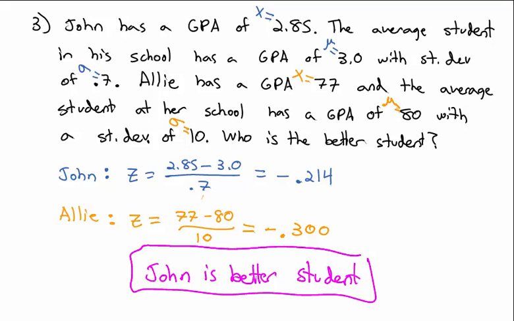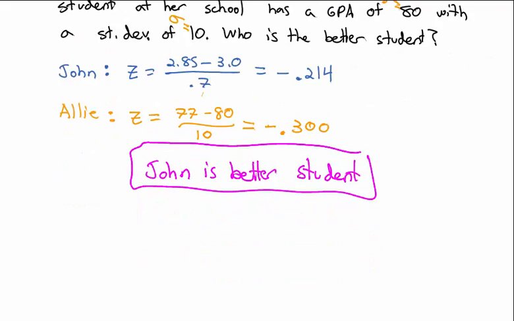Standard deviations. How spread out is the data? How far from the mean are you? That's what standard deviation tells us. A great statistician from Russia, I'm going to murder his name, so I apologize to anyone who speaks Russian, is Chebyshev's theorem.